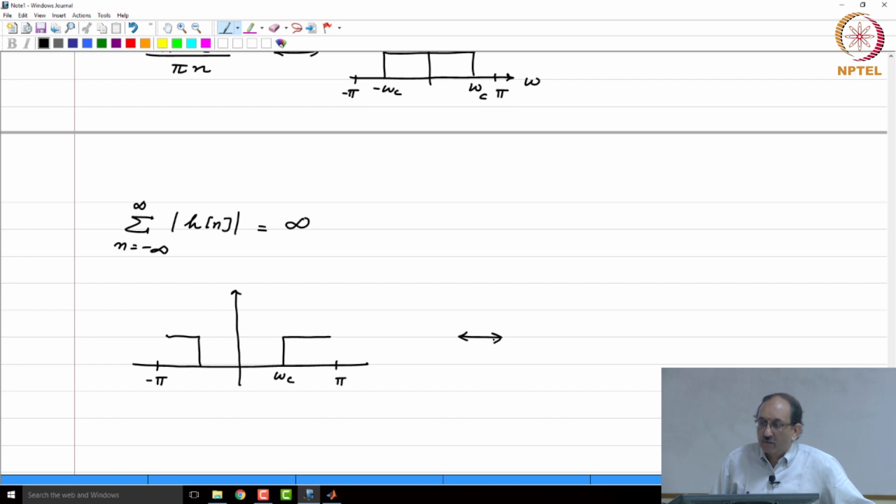Very good. You can think of this ideal high pass filter as 1 minus the frequency response of the low pass filter. Therefore, the corresponding impulse response will be delta of n minus sin omega c n by pi n, that is all.